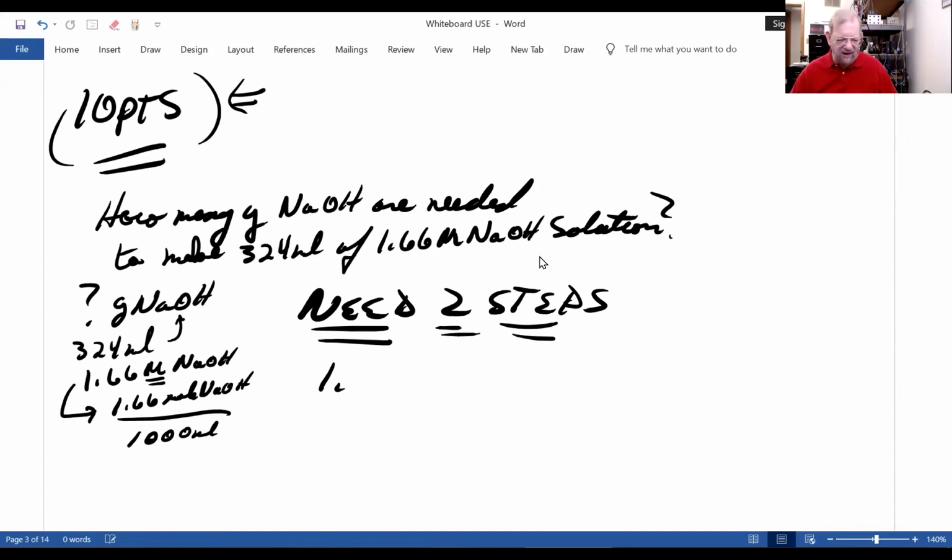Step 1, you go from milliliters to moles, which we just did. And step 2, you go from moles to grams, which you learned hopefully for test 2 and haven't forgotten because you'll need it for this test.